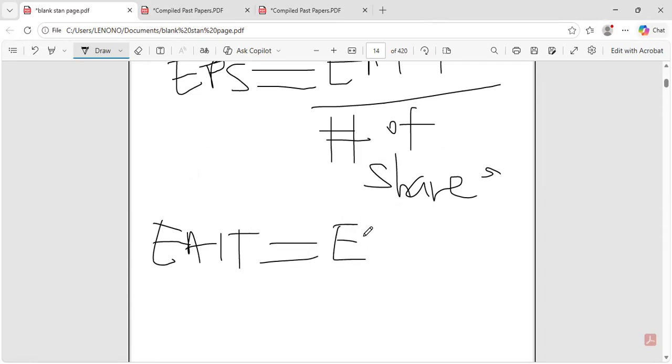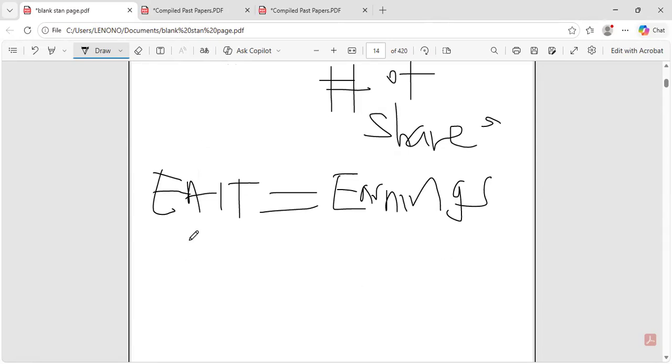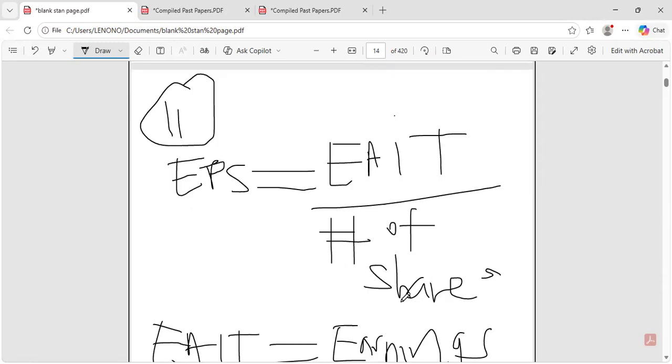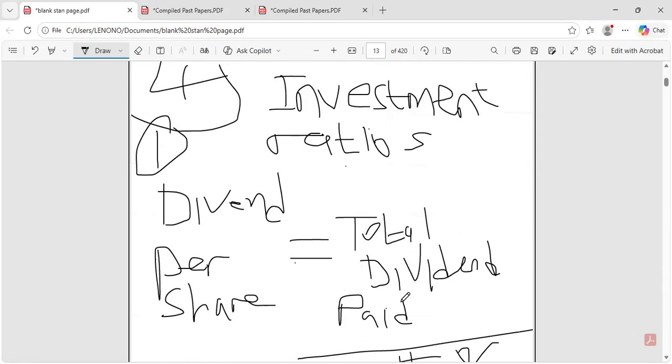Earnings after interest and tax. All right, so these are the two ratios that are here.